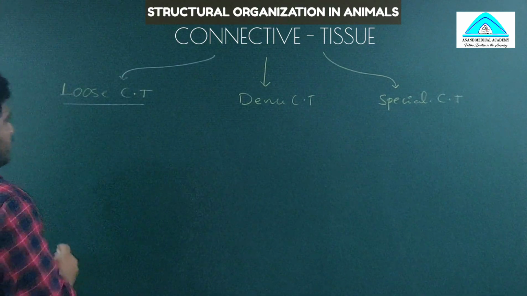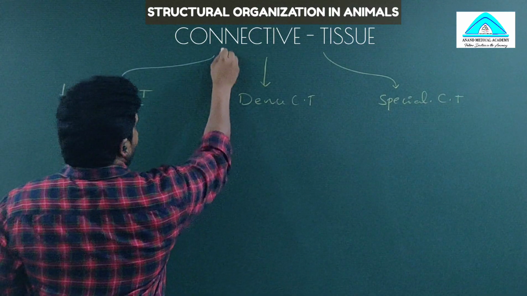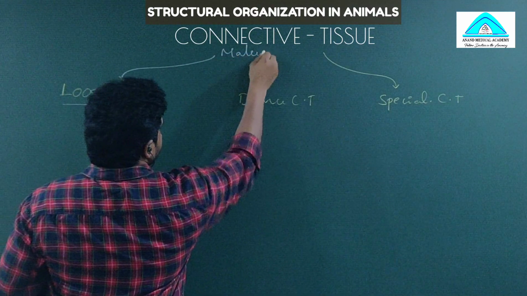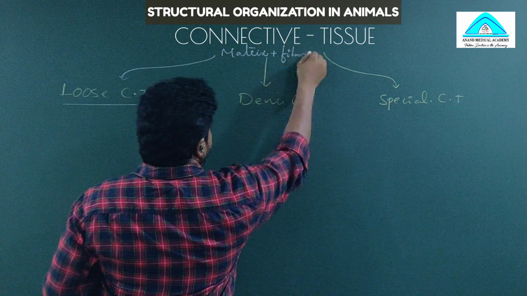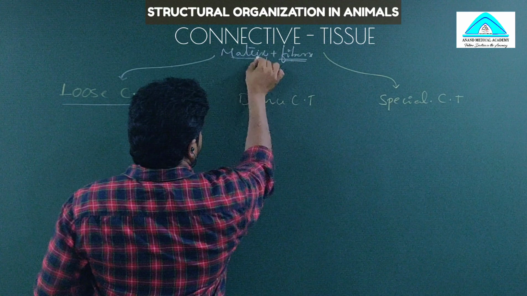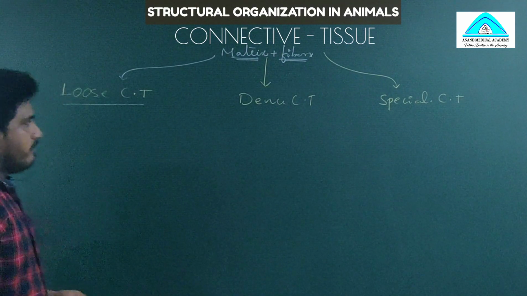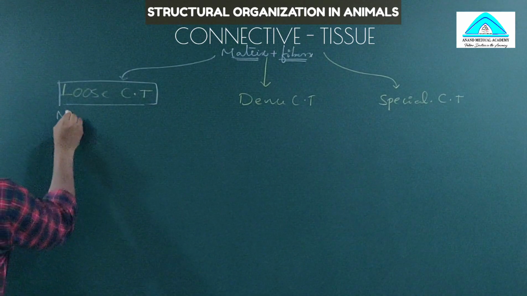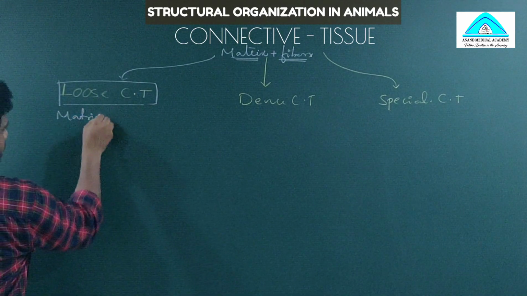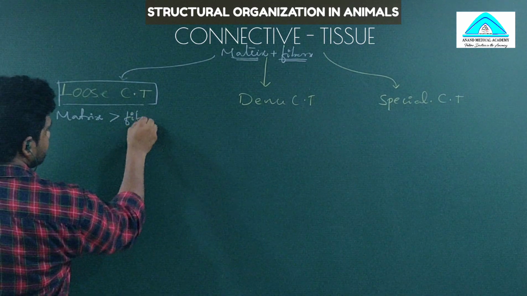Let us see. Generally, connective tissue is made up of matrix plus fibers. Matrix and fibers are the chief components. In loose connective tissue, matrix is greater than fibers.